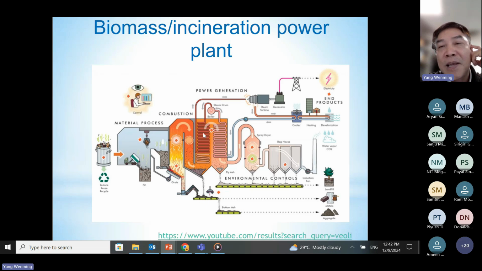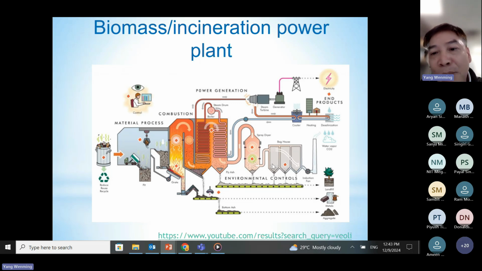Then when the steam flows through the superheater, its temperature will be further increased. Then the superheated steam will flow through the steam turbine and drive the turbine to move. In this process, the energy is converted into mechanical power. And this steam turbine is connected with the electricity generator, so it can further convert the mechanical power into electricity.